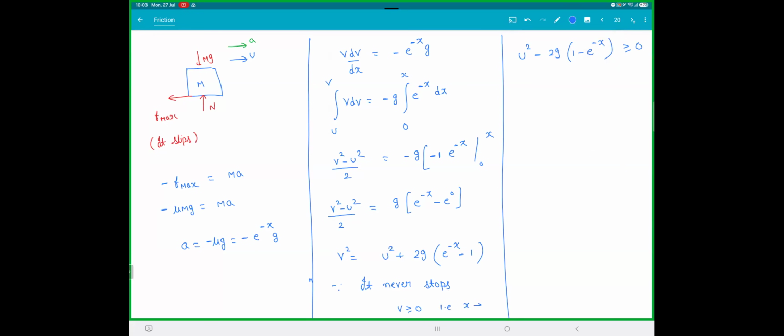If you never stop, x is infinity, you're going till infinity. So this will be e power minus infinity. I hope everyone knows e power minus infinity is 1 by e power infinity. E power infinity is a big number, so that's 1 by infinity, which is 0. So you end up with u square minus 2g into 1 minus 0. We get u square is greater than or equal to 2g. We get u is greater than or equal to root 2g. So the minimum speed is root 2g.